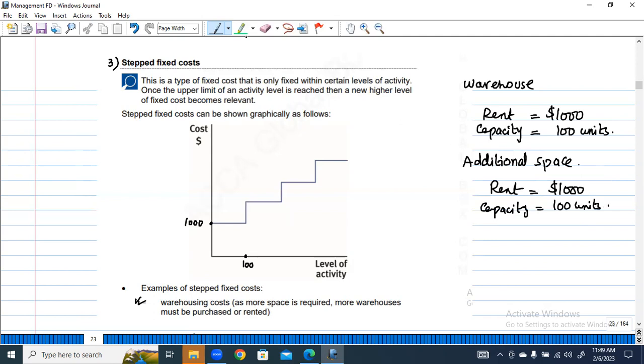If your level of activity is up to 100 units, you don't need to worry about any additional space. You have a warehouse that can store up to 100 units, and you just need to pay 1000 rent.